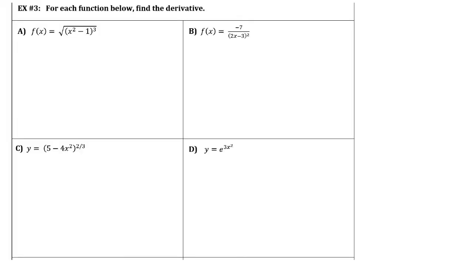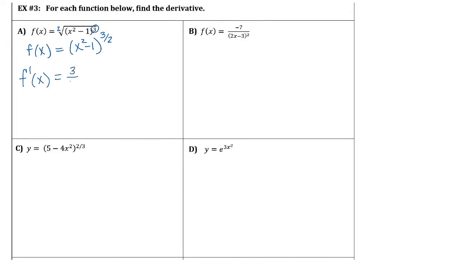Okay, let's practice on a few more examples. For A, we would have to do some rewriting here. So we do see that we're going to have f of x equals x squared minus 1, and it's going to be your exponent over your root, so that's going to be to the 3/2 power. Now we're ready for the derivative, and we will do the derivative of the outside.